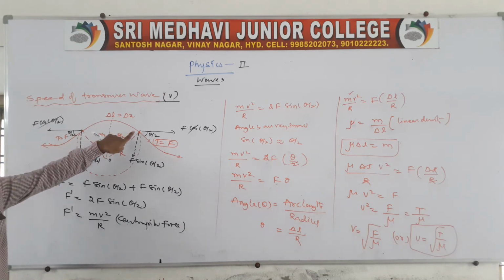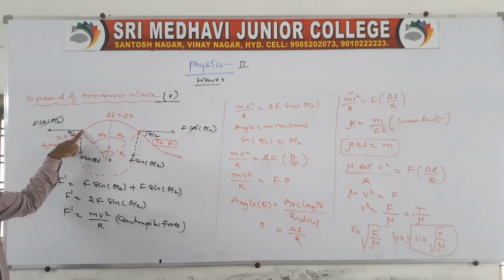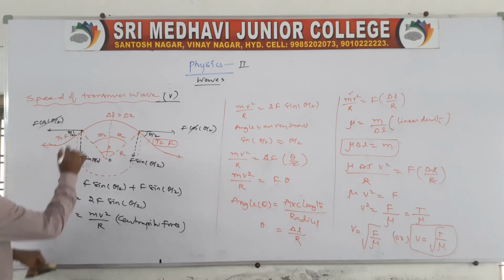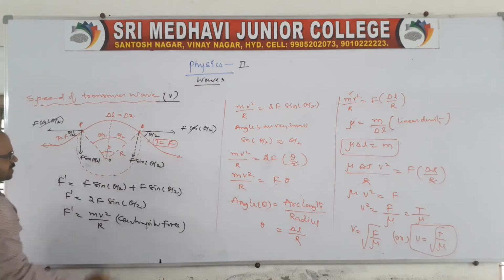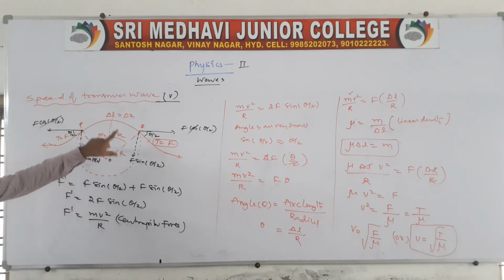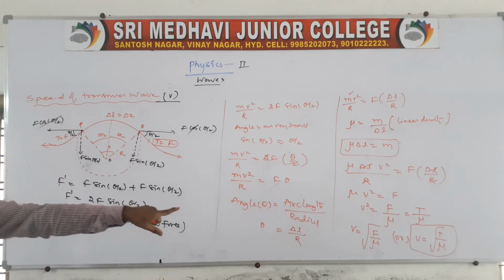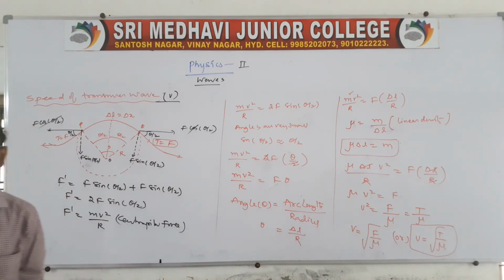At this point you take another point, and by using these two points, P and Q, the arc is subtended at angle theta at the center of the circle. So by using this information, the speed of the stretched string will be v is equal to root over f by mu. Yes, you go through this.